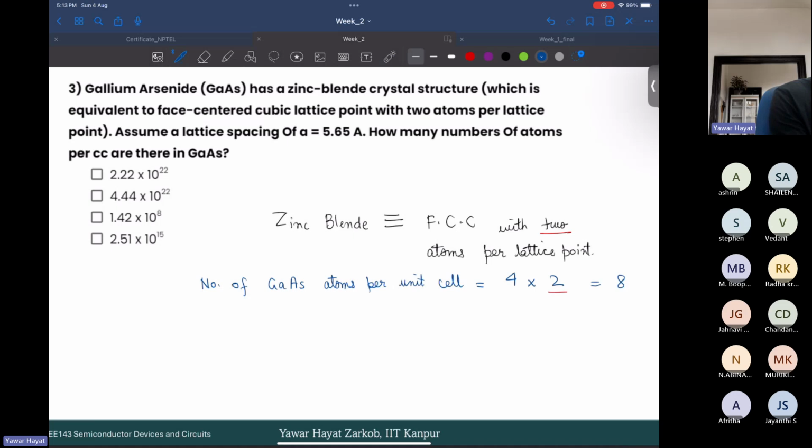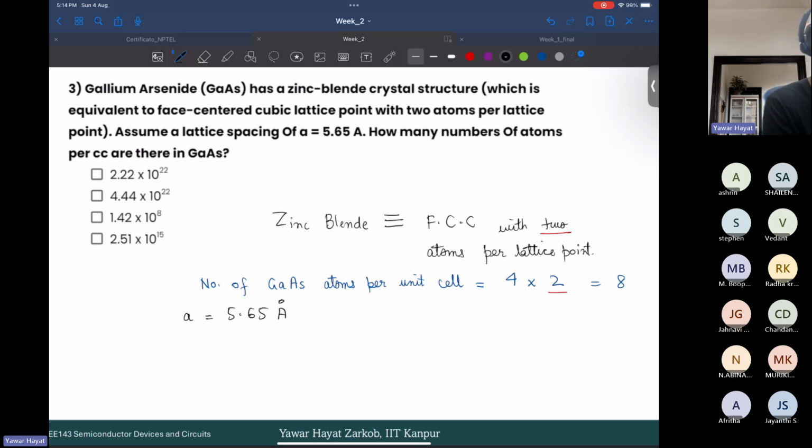Now it's given that A, the lattice spacing constant, is 5.65 angstrom, right? So work it out. How many atoms per cubic cell are there in the gallium arsenide?